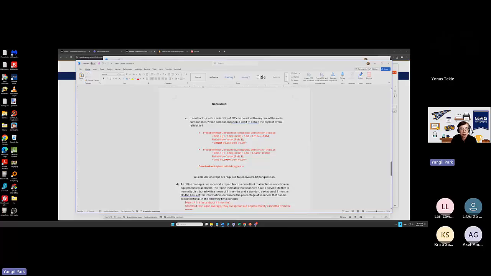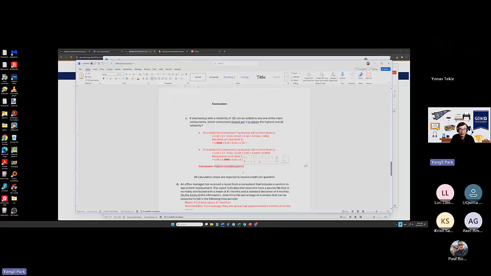Then to find the reliability of the robot with component 1, multiply all those 4 components, and you'll get the answer for component 1. You do the same thing for component 2, compare all those 4, and find the highest reliability. So you can answer the question: you want to add a backup with a reliability of 0.92, and which component will get the most out of it.